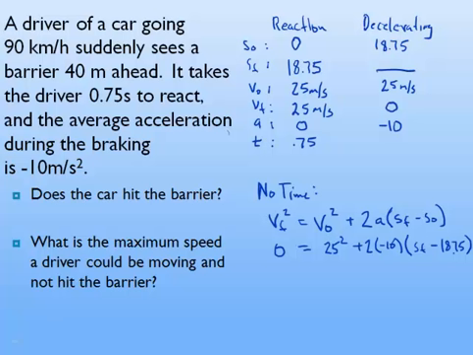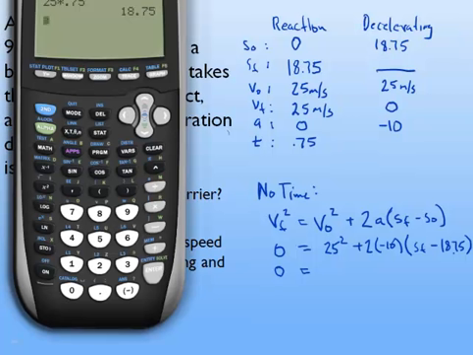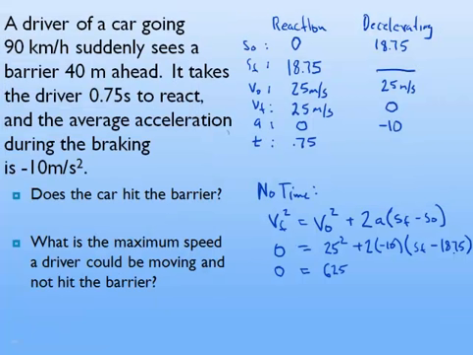This equation is a little uglier to solve than some of the ones we've been dealing with, but let's just proceed one step at a time. 0 equals 25 squared, which is 625, plus 2 times negative 10, that's negative 20, times SF minus 18.75.